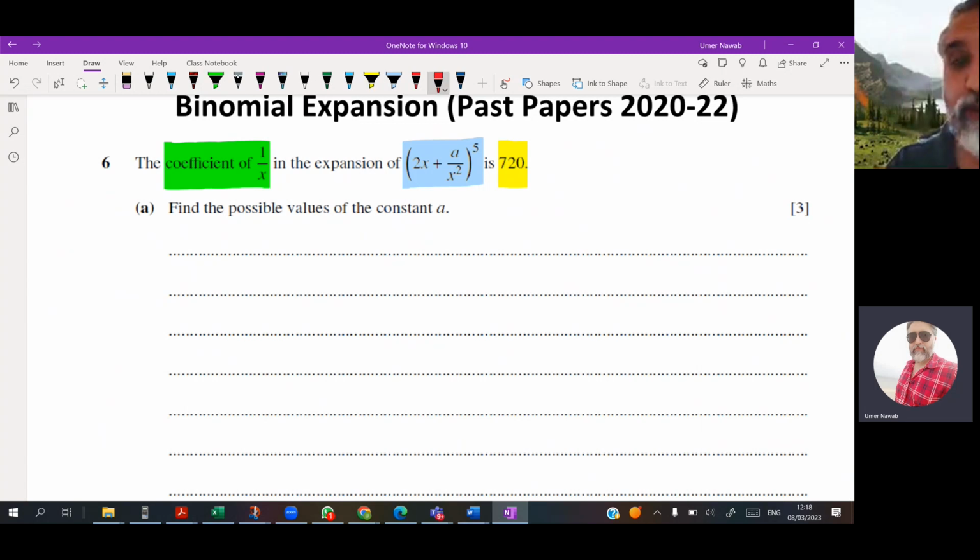So may I take your attention towards 2x plus a over x squared, whole power 5.